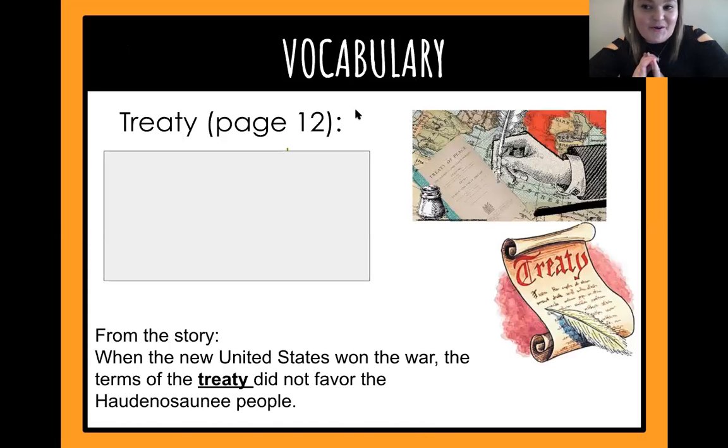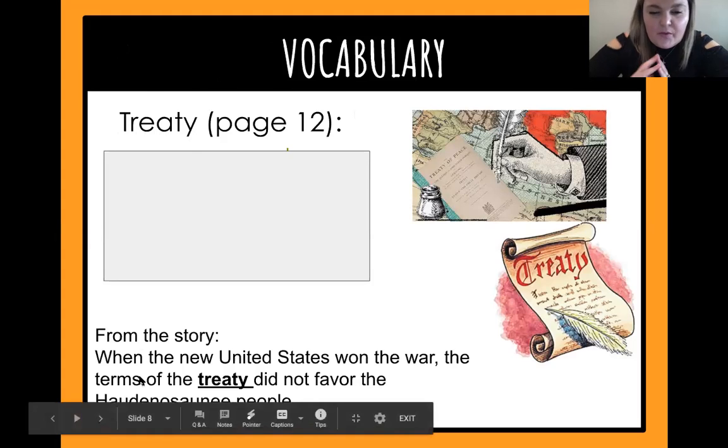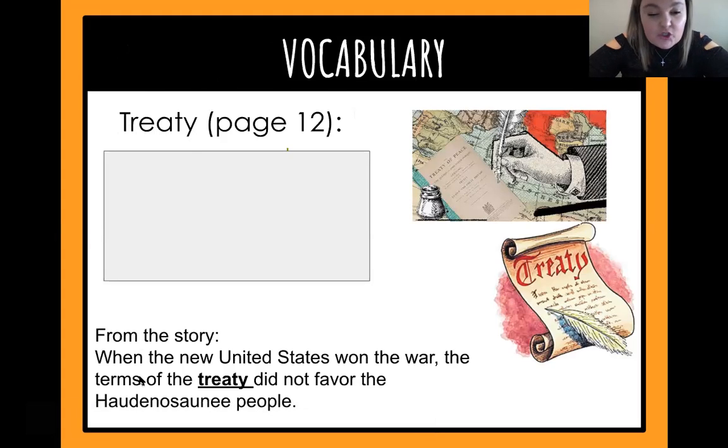All right, vocabulary. What is this word? Try and use that skill that we just learned and sound it out. Treaty. It's a treaty. And let's look at it from the story. When the new United States won the war, the terms of the treaty did not favor the Haudenosaunee people.